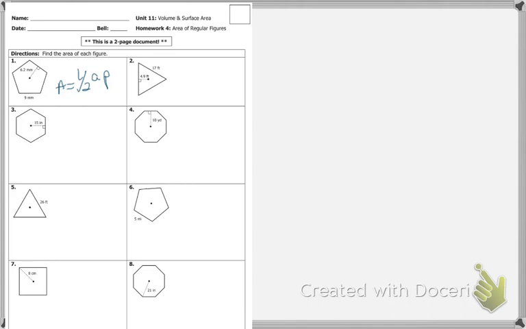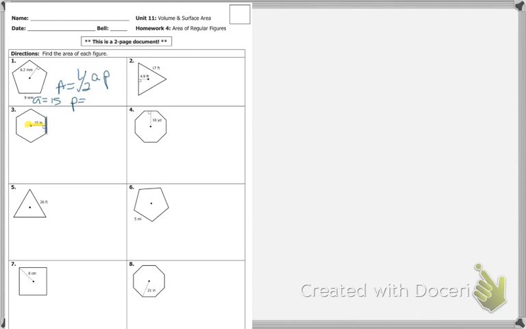Okay. So we have the apothem. The apothem is always going to be the distance from the center to the wall. So I already have most of that equation. I have A is equal to 15, but I need the perimeter. To get the perimeter, I need to know this side.